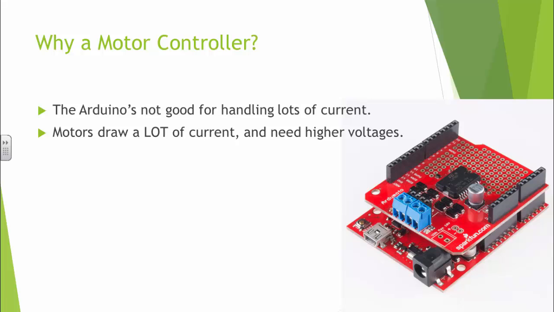Arduinos are also limited to 5 volts of output, and motors need higher voltages than that. So the Ardumoto can manage 2 amps per channel, much more than an Arduino. It can also handle up to 18 volts input. It's worth noting that this motor shield needs its own power supply. It can't run from the power from the Arduino.